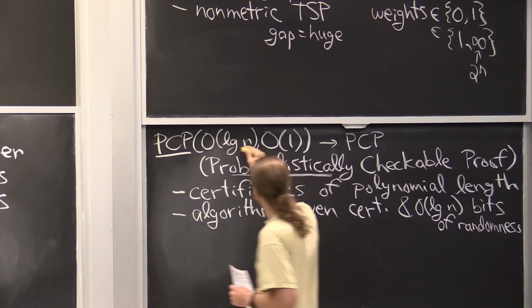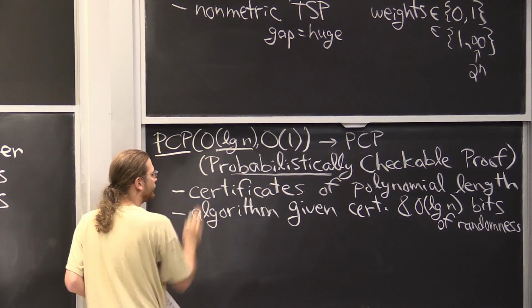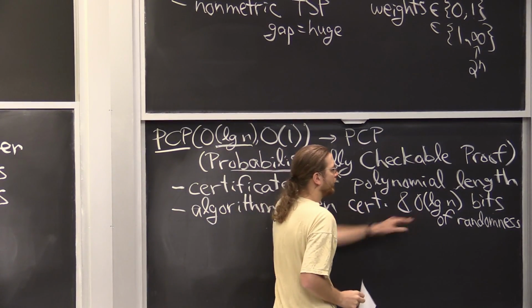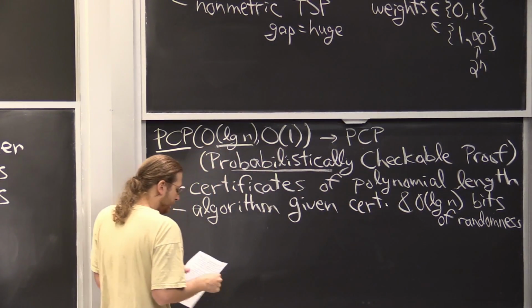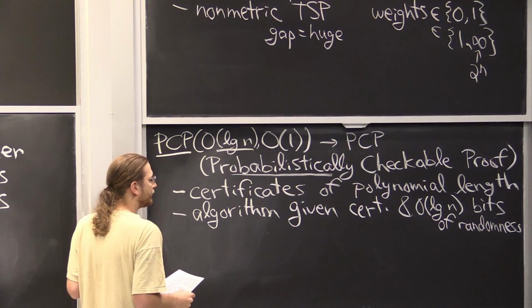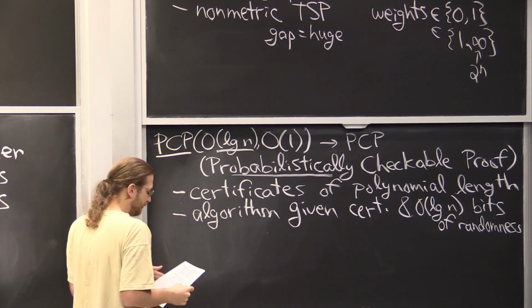That's what this first parameter refers to, how much randomness the algorithm's given. So we restrict the amount of randomness to a fairly small amount. And it should tell you whether the instance is a yes instance or a no instance, in some sense, if you're given the right certificate.